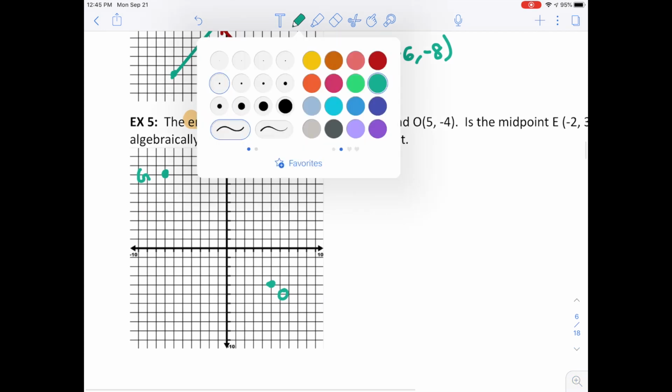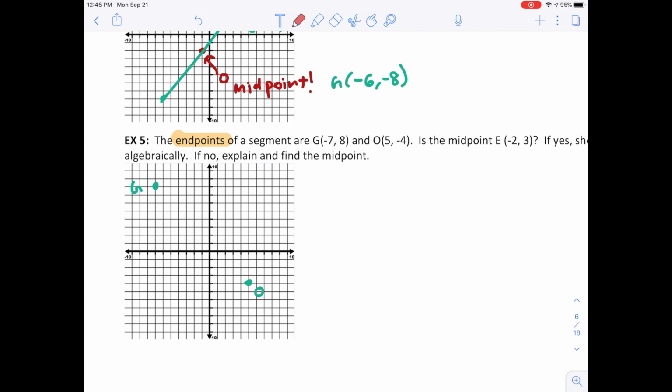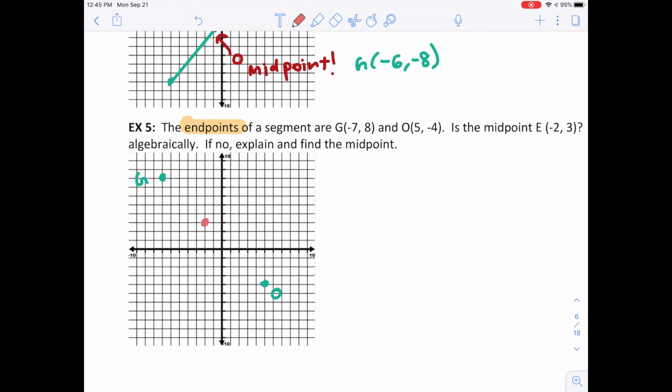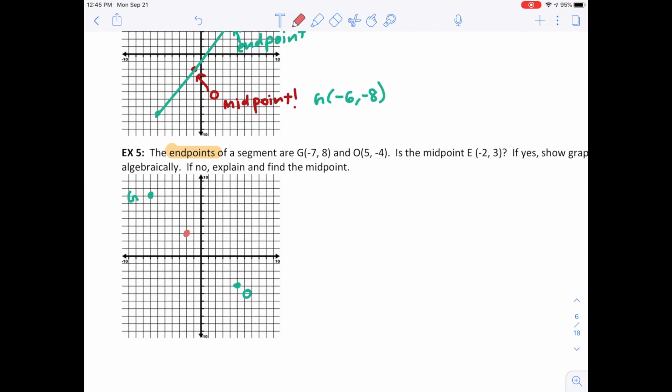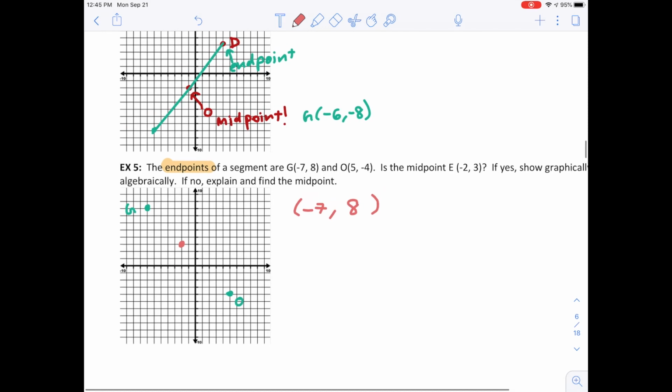So we are asked if point E is the midpoint, so -2, +3. And visually you can kind of tell maybe that it's not the midpoint. I can just see on that graph that it looks a little bit off center. But what I would like to do is take G and O, find their midpoint, and then we can compare and see if it's the same as point E. So here are my endpoints.